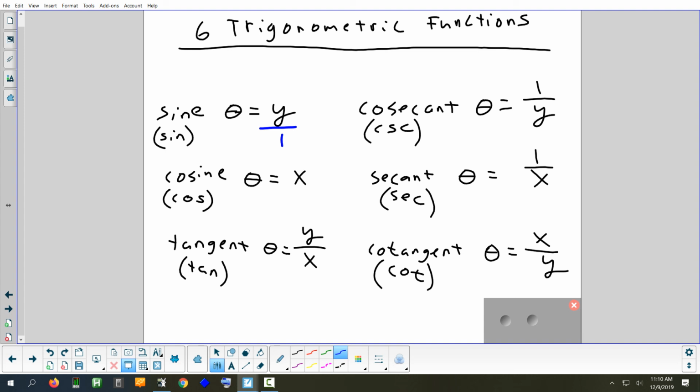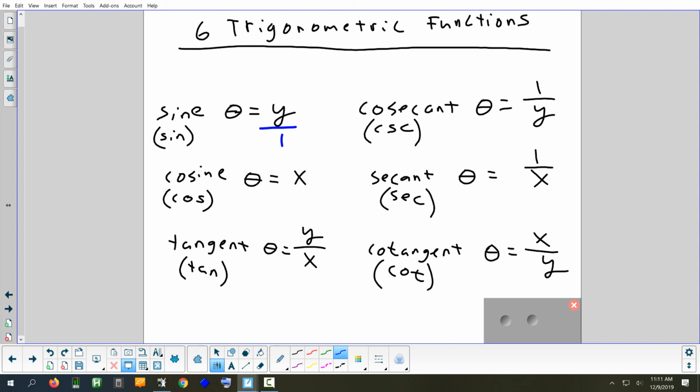Now, what's the name of this section again? I know it's 6.2, but what's the name of it? Unit circle trigonometry. What does that mean? Unit circle. We talked about that at some point last week. It's a circle with a radius that's a specific number.